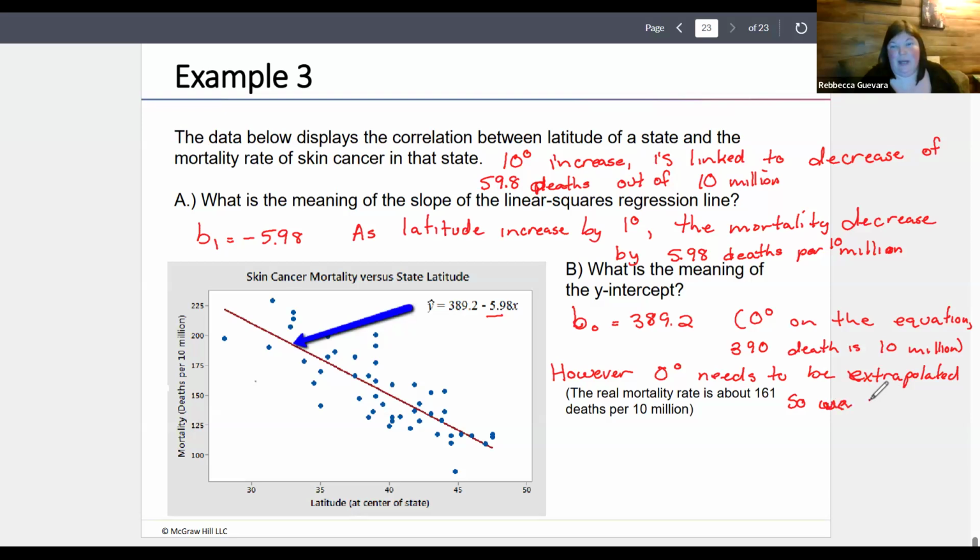So that means that my y-intercept, at 0 degrees, has to be extrapolated, so it has no reliable meaning. We don't really know what's going to happen at the equator. It's not in my data set. My data set ends here at about maybe, what did we say last time? Maybe like 26 degrees latitude. So I don't know what happens when I get closer to the equator. Maybe cancer rates significantly increase. Maybe they steady out. We don't know.